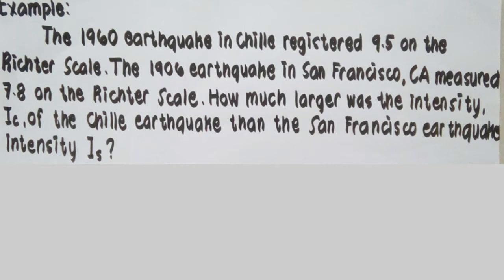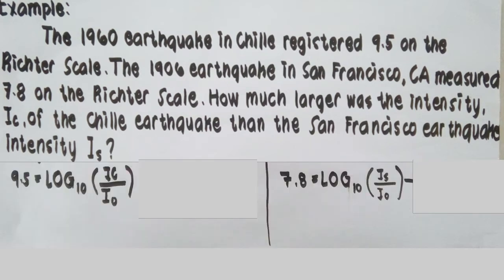Now we are going to substitute everything into the formula. The magnitude 9.5 of Chile is substituted: 9.5 equals log base 10 of I sub C over I sub naught. And the other one is 7.8 equals log base 10 of I sub S over I sub naught.